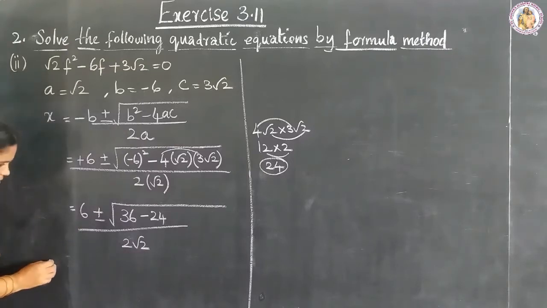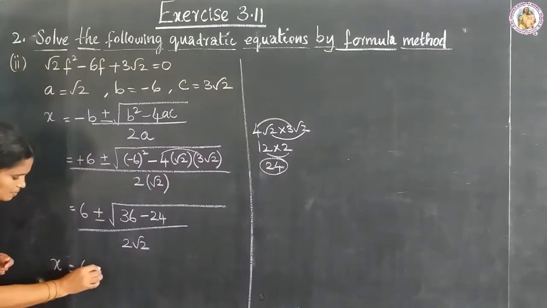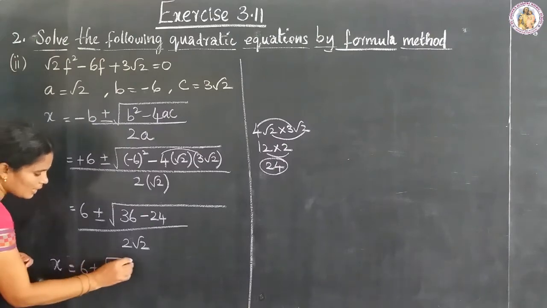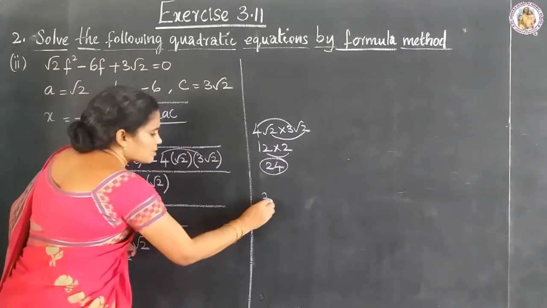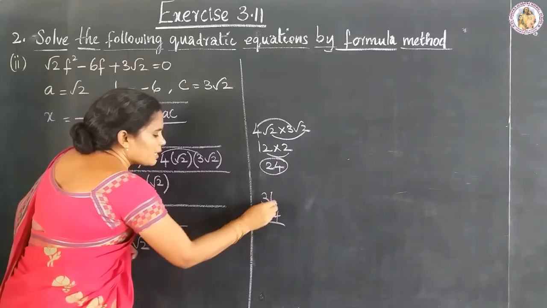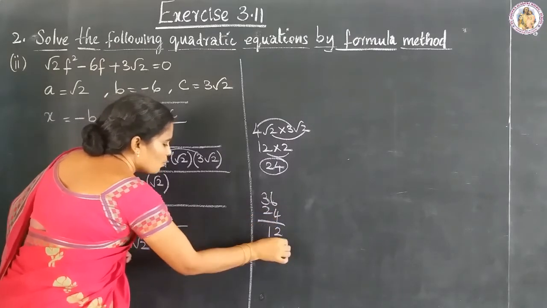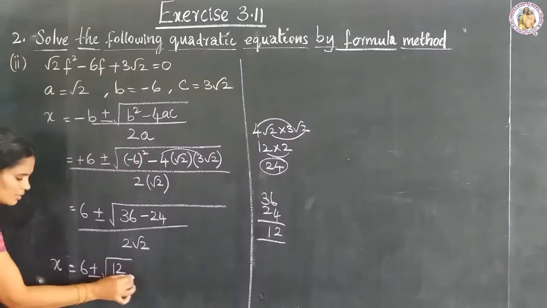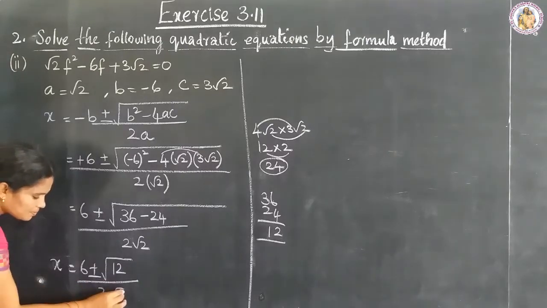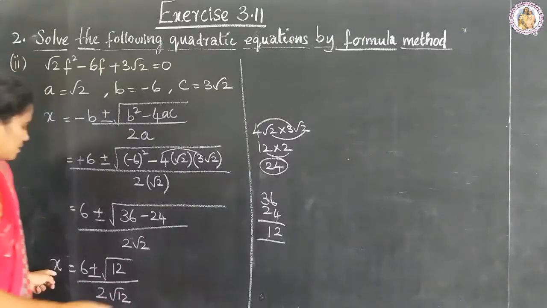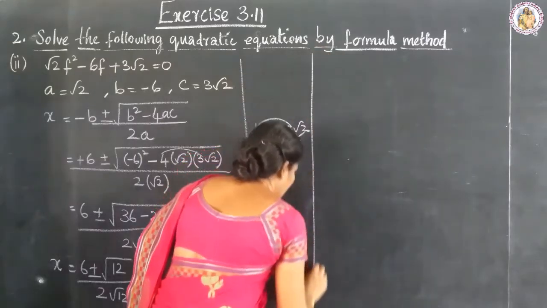Okay. And x is equal to 6 plus or minus square root of 36 minus 24. 6 minus 4, 2. 3 minus 2, 1. 12. 12 divided by 2 root 2. Right?